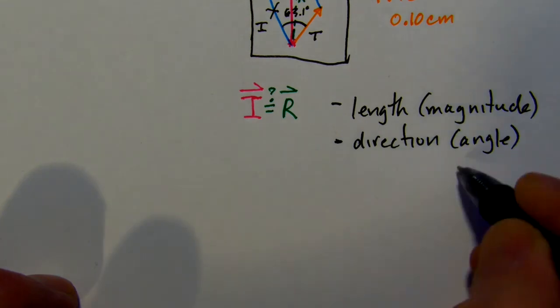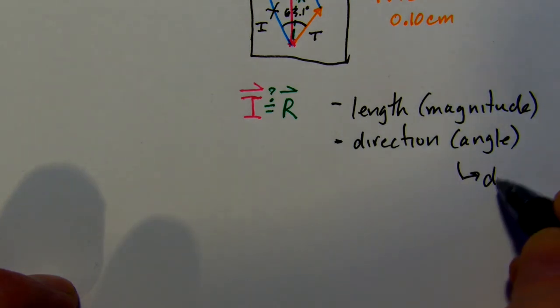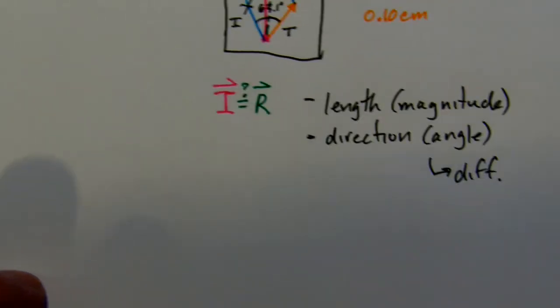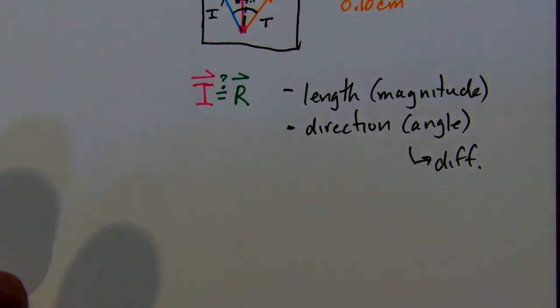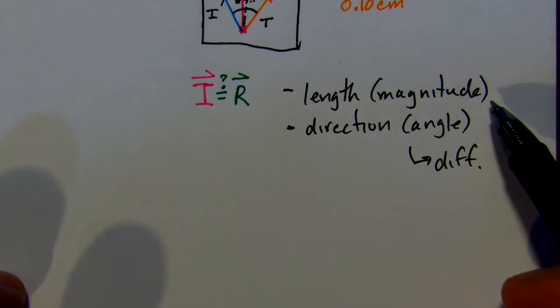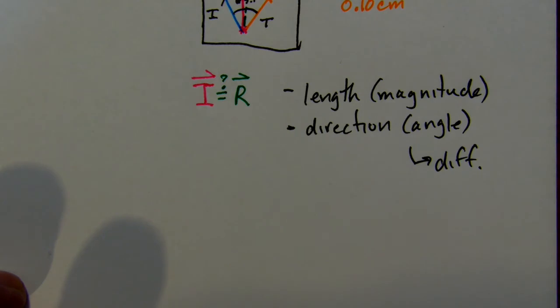And so generally what we will do is the difference of the angle. In other words, is it off by 1 degree or off by 2 degrees? With length, we can just do centimeters. We don't have to do kilogram meters per second in the units of momentum. Now, that's the simple version.